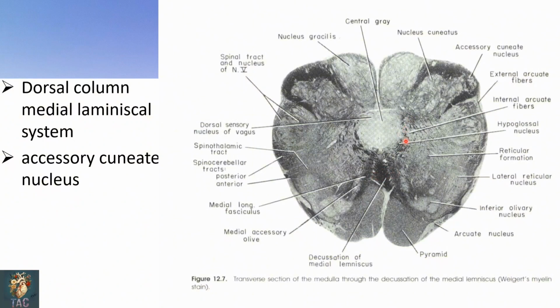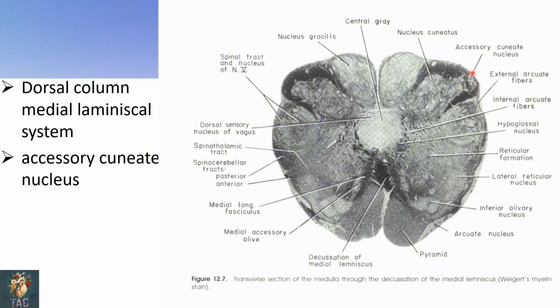These are the internal arcuate fibers, and this is the nucleus gracilis, nucleus cuneatus. The fasciculus gracilis almost has disappeared because the fibers have relayed upon their nuclei, and fasciculus cuneatus almost disappeared too. Another nucleus which is present over here is the accessory cuneate nucleus.